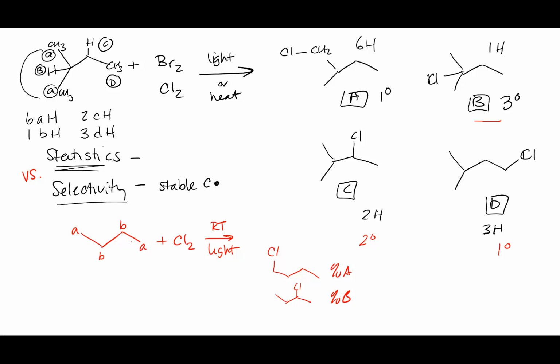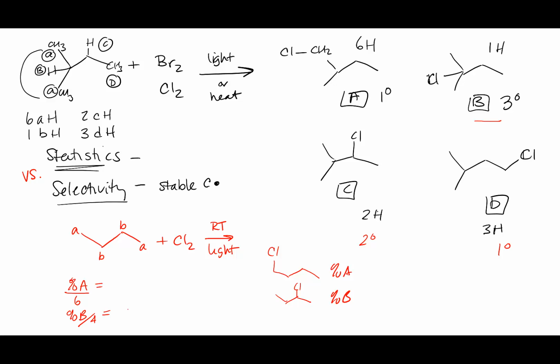As the Cl dot runs around, it's going to encounter an A hydrogen 6 times and a B hydrogen 4. There's nothing I can do to counteract that. So my percentage has to take into account that factor. But what I'd really like to do is normalize that out. So the percentage of A, I'm going to divide by 6, and I'm going to divide the percentage of B by 4.